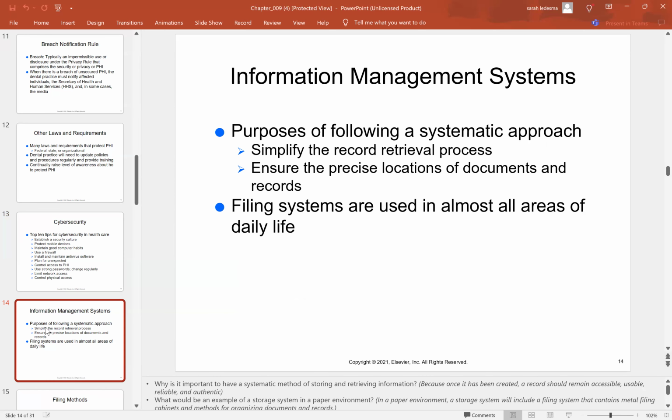Information management systems. Purposes of following a systematic approach: simplify the record retrieval process, ensure the precise location of documents and records. Filing systems are used in almost all areas of daily life.